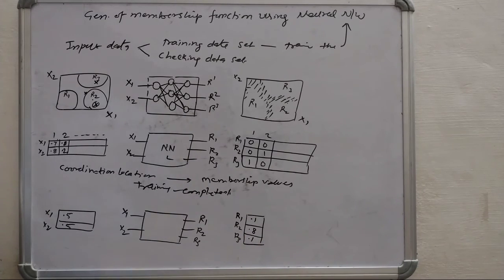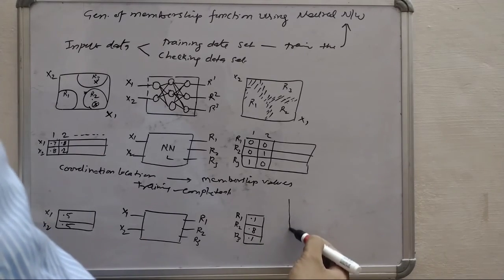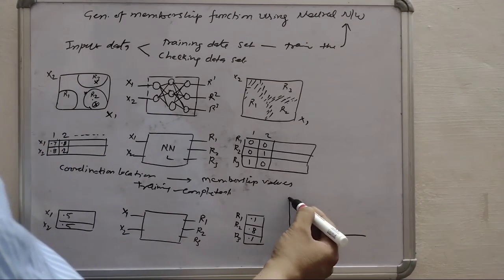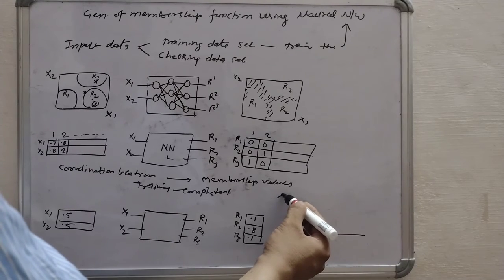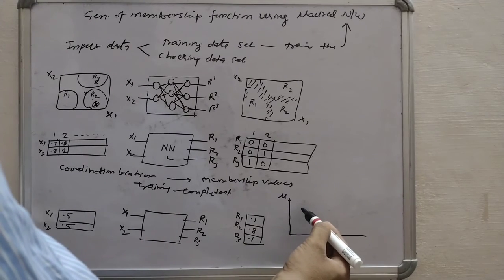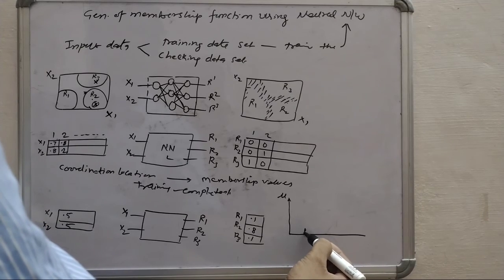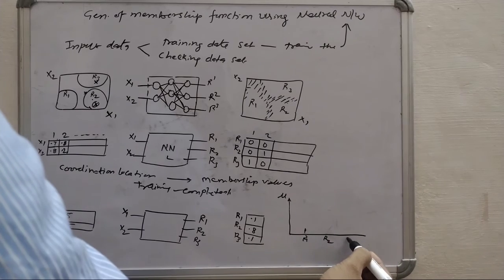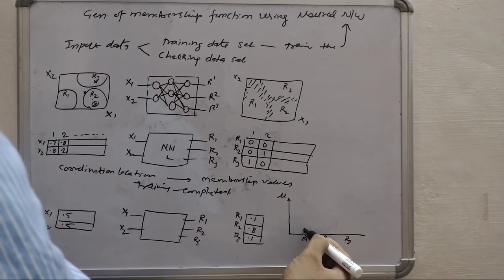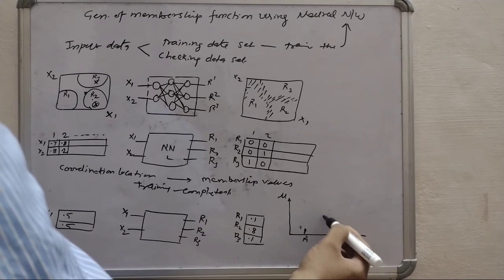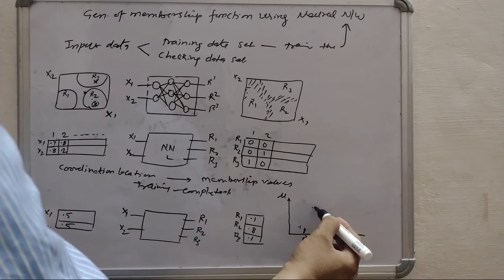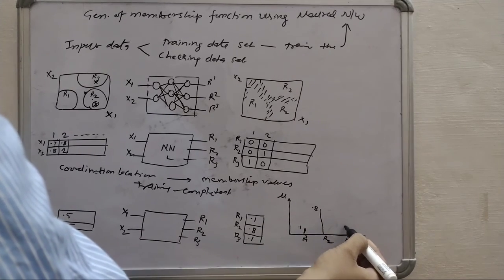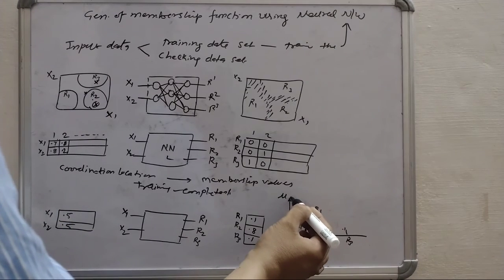In this way this neural network can be used for fuzzification, and we can represent the membership values here also, for this data point: R1 0.1, R2 suppose 0.8 and R3 again 0.1.